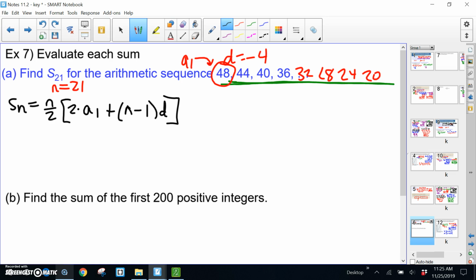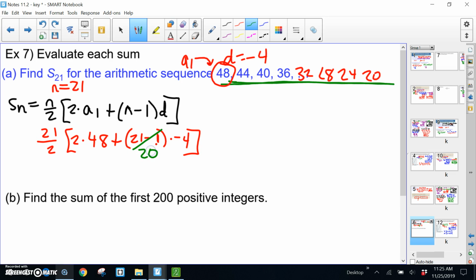Let's plug in those numbers. n was 21. We have 21 over 2 times 2 times A1, which was 48, plus n minus 1. Feel free to do that in your head, because you know it's going to be 20, times D, which was -4. So 21 minus 1 was 20.